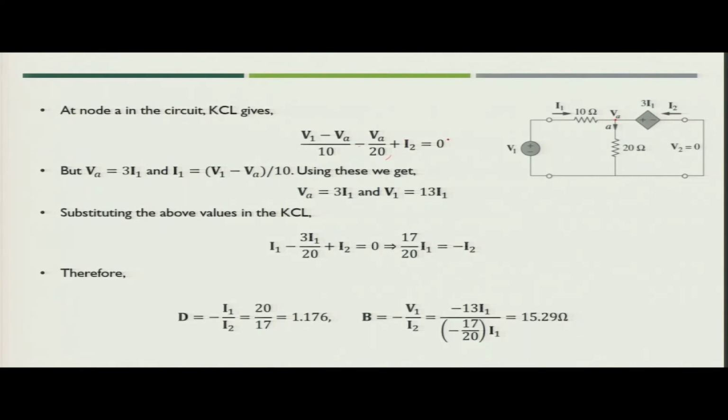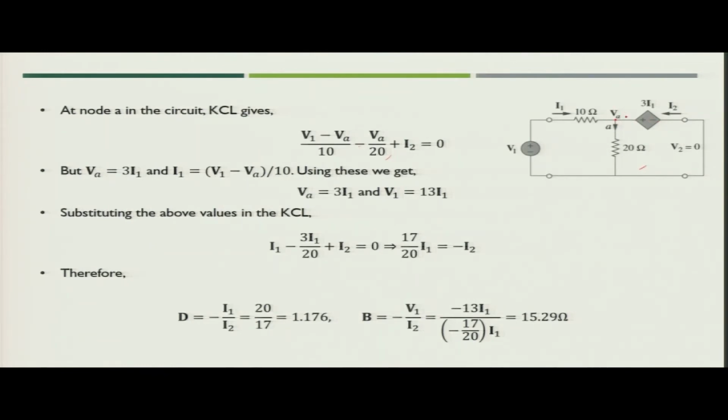Now, if you see this particular circuit, you can say that VA is nothing but equal to the voltage of the dependent voltage source, because this is the voltage which is applied across the 20 ohm resistance, and the voltage applied across the 20 ohm resistance is nothing but VA.